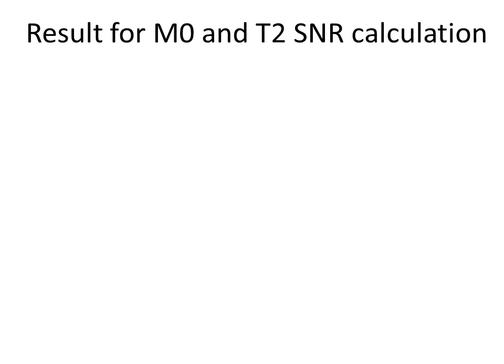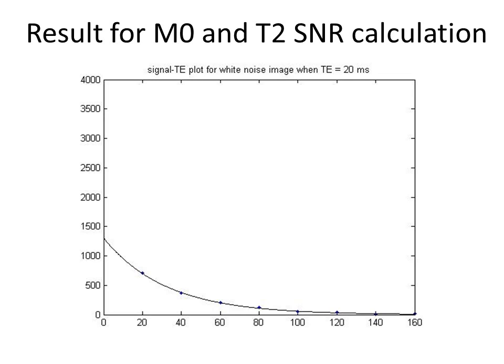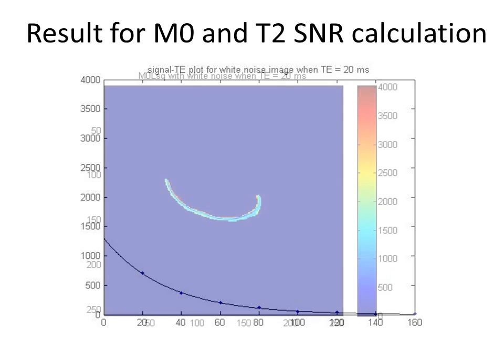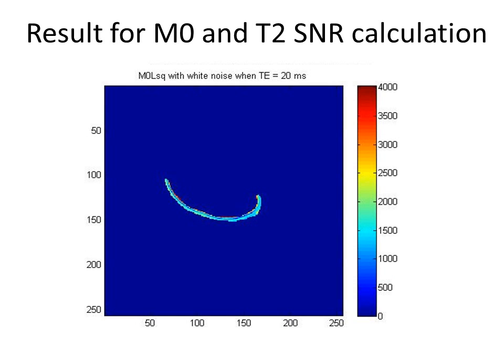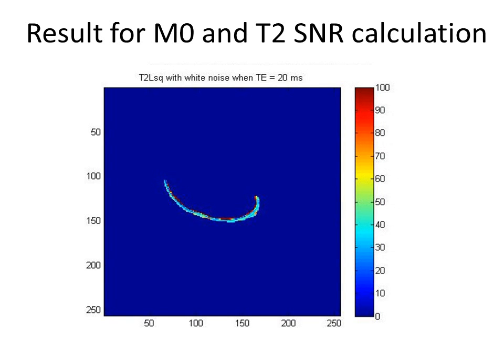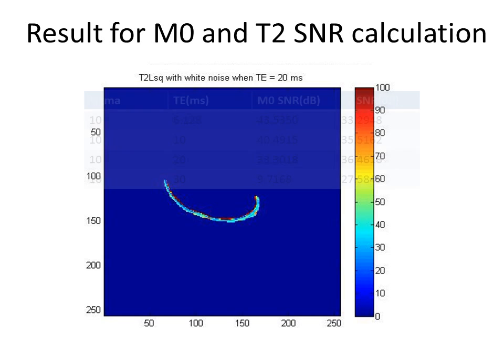And here, for the result of the M0 and T2 SNR calculation, we can see that the signal-TE plot is still the same as before, which means that the least square estimation does work. And the final M0 map and T2 map are similar to those maps without white noise.